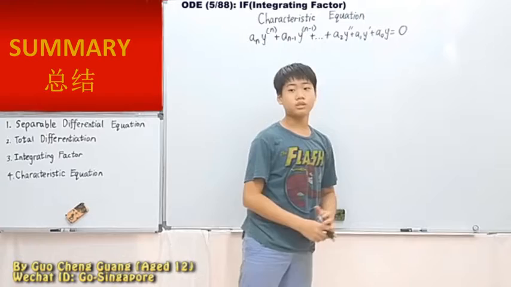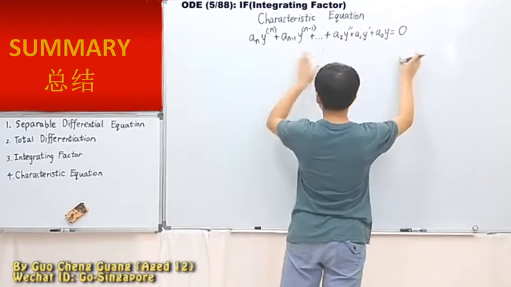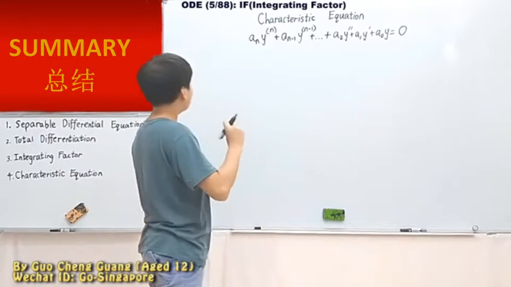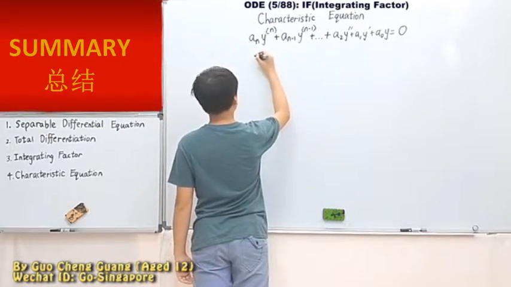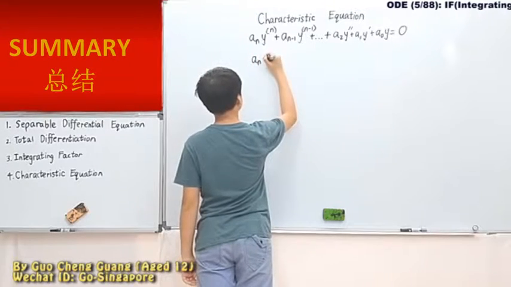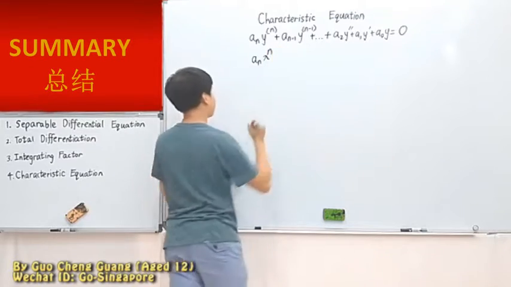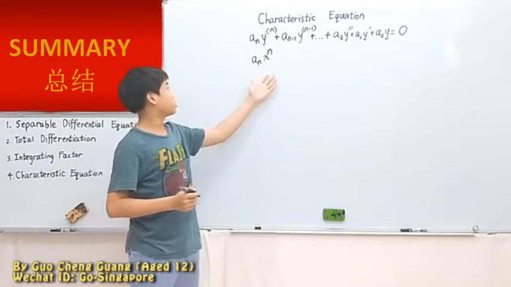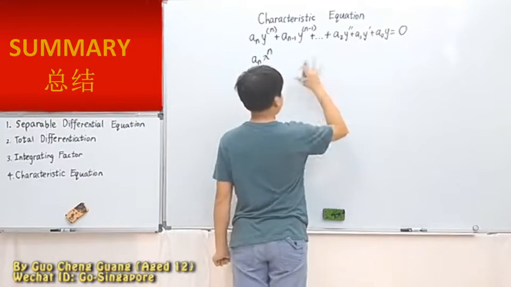Then this part is homogeneous. But right now, we're mainly thinking about this case. For the characteristic equation, you make a substitution, so that you get lambda to the power of n, because all the other part, the e to the power part, will simplify.